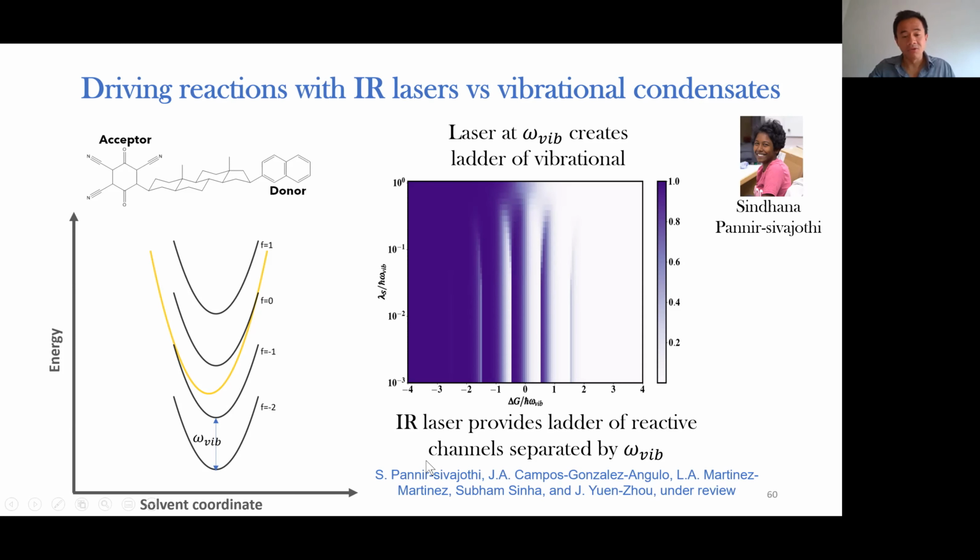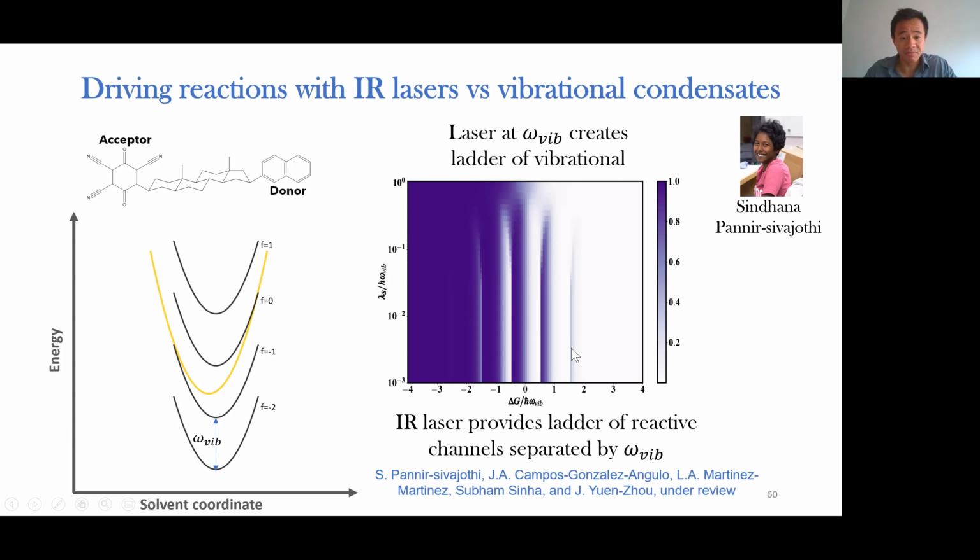So if you look at, say, the yield plot, you will see some very interesting features. For example, you establish some steady state, and you would even have yield for positive delta G, where normally, if the reaction delta G is positive, then without laser excitation, you should have no yield.